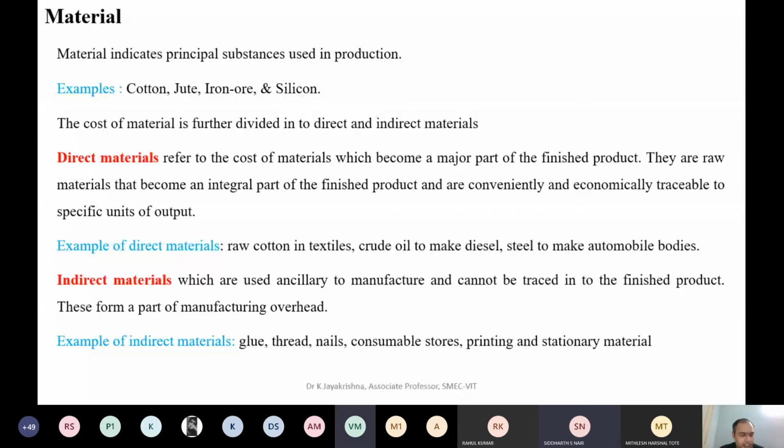Sir, wood to make furniture. Okay, that's the example I gave you. Mobile phone materials are direct material cost, and the mobile cover which we buy is indirect material cost. Exactly, you're right. The back cases and all the other decorations come under indirect material cost. Very good. The screen guard, everything. That's the best example.